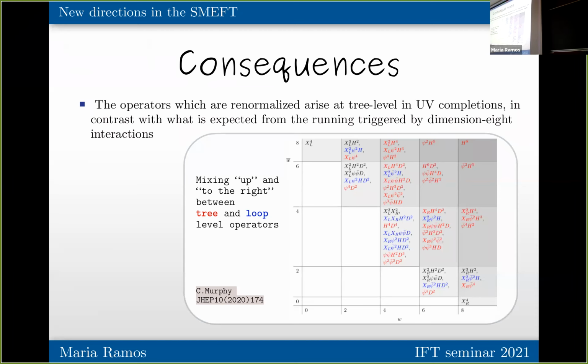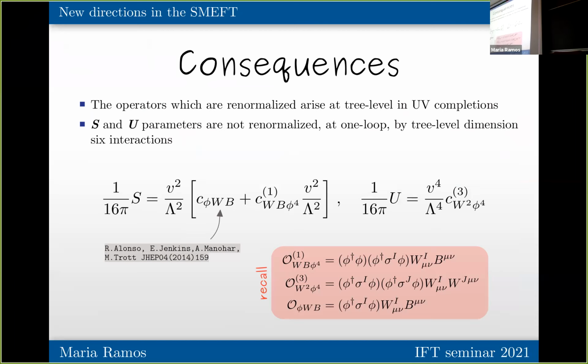Another consequence that we could realize is when we consider corrections to the precision electroweak parameters. For the S parameter, we already have corrections at dimension 6, as computed in this reference. But the corrections come with this O_WB operator, which is only generated at loop level by renormalizable weakly coupled UV theories.